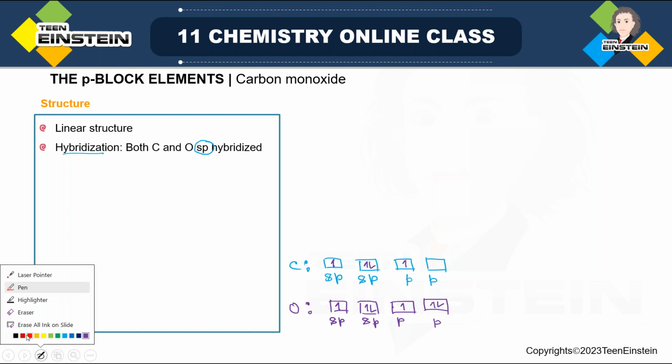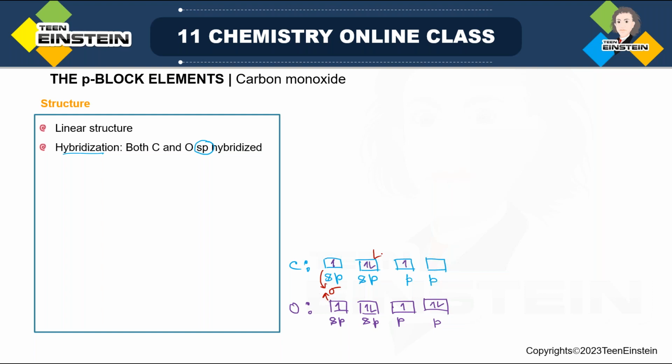Now see what will happen. These two together will form a sigma bond. This is the lone pair of carbon, and this is the lone pair of oxygen. These two together, the pure p orbitals, one from carbon and another from oxygen, will form a pi bond. What about the last one? In the last case the p is vacant for carbon, and here we have a pair of electrons.